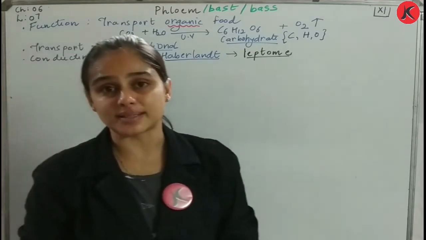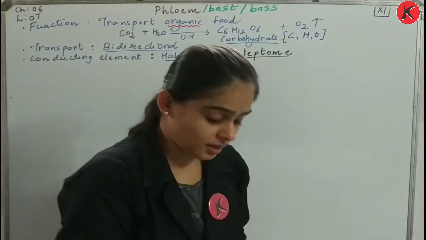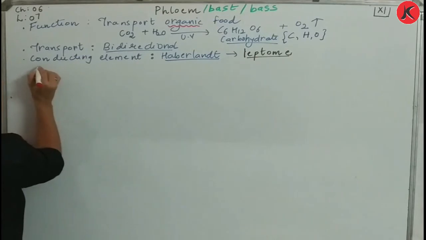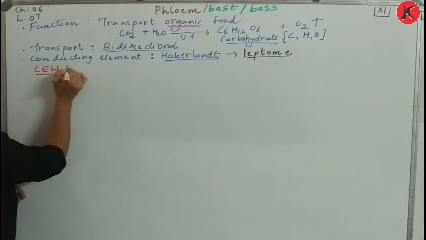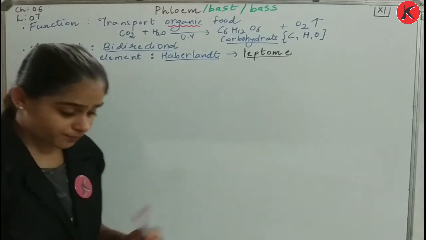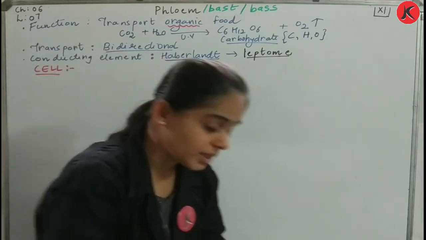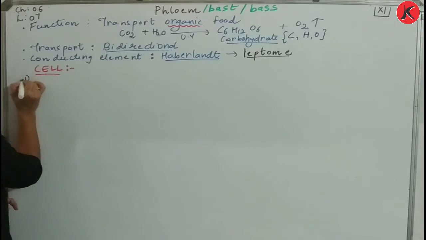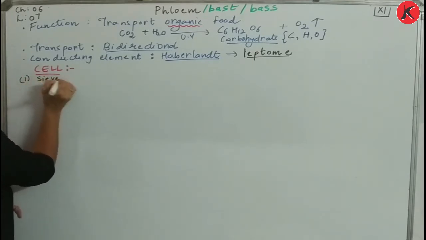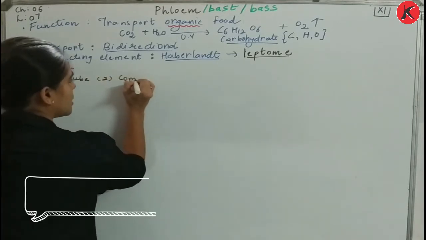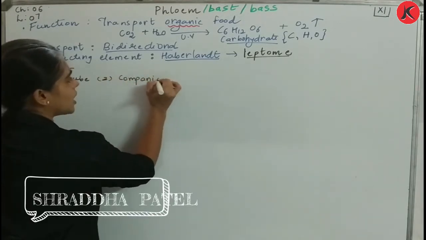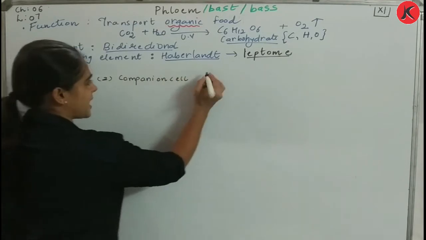ये conducting elements हैं. Now let us understand the cells which constitute your phloem, right? So first one, here I am writing, is your sieve tube. Second one is your companion cell.